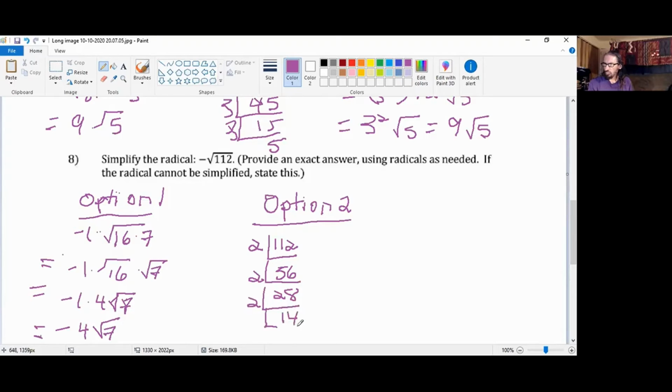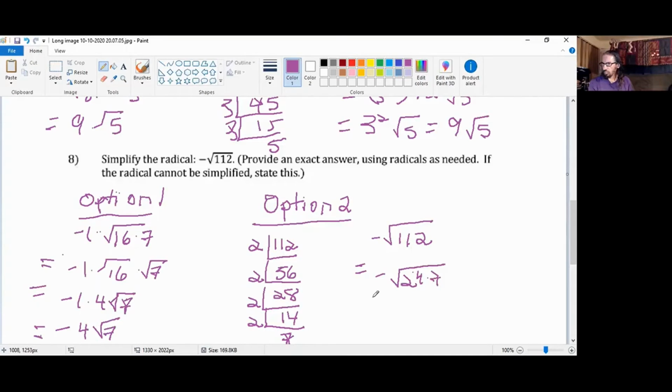And into 14, 7 times. 7 is a prime. So negative square root of 112, we could also write that as -1 times 2 to the 4th times 7.